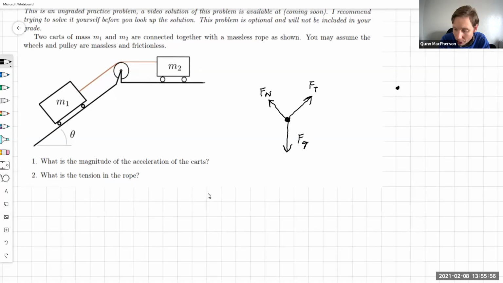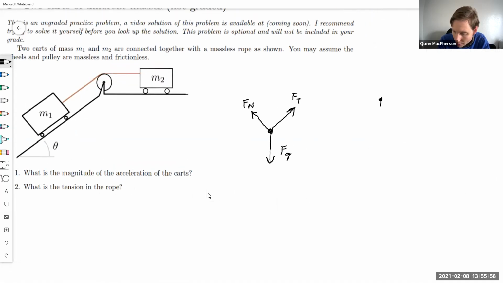Meanwhile, for the other cart, well, this guy has force m1g. This one is going to have force gravity 2, meaning the force gravity on cart number 2 is naturally m2g. Tension force for it is Ft.